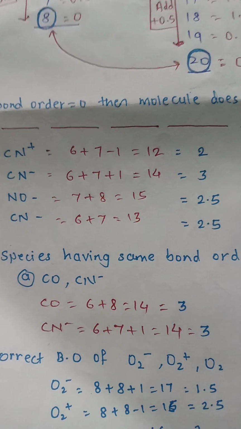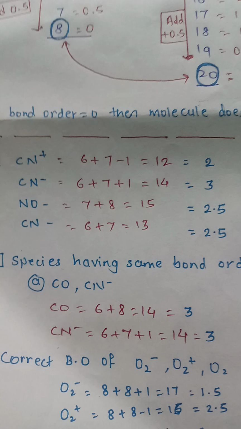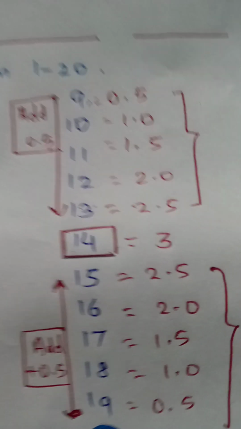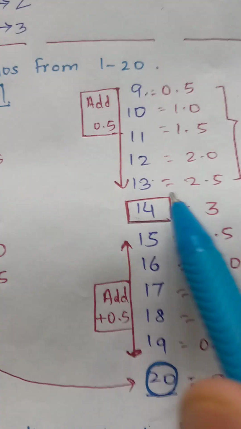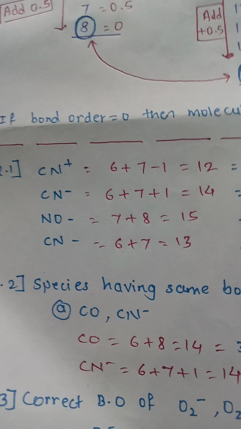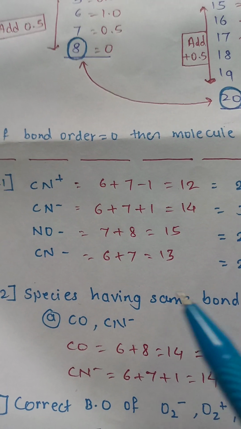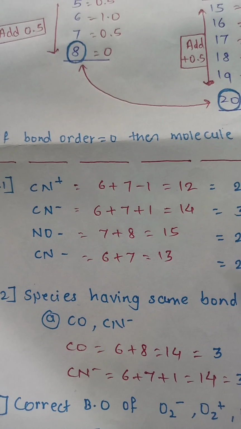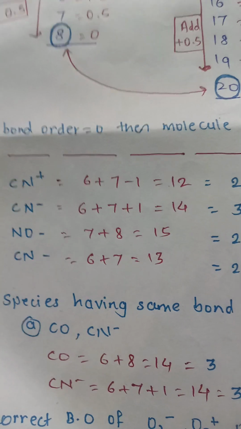So 6 plus 7 is 13, 13 minus 1 is 12. For 12 we'll find what is the bond order. For 12 it is 2. So we are writing the bond order to be 2. Now CN minus: carbon 6, nitrogen 7, minus charge given, so we have added 1, that comes out to be 14, which is 3.